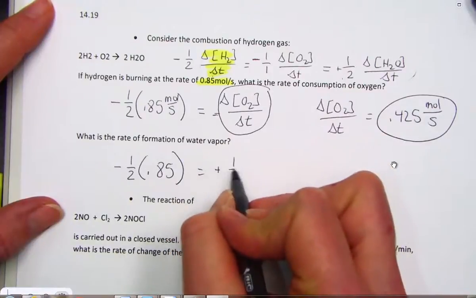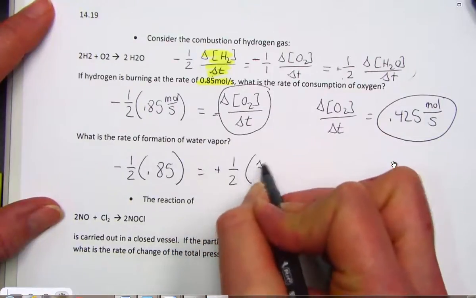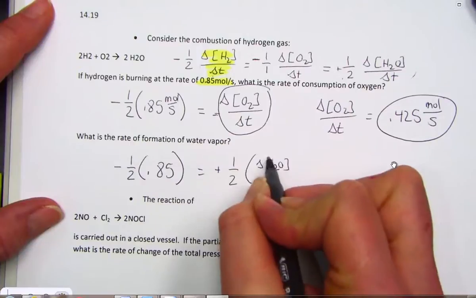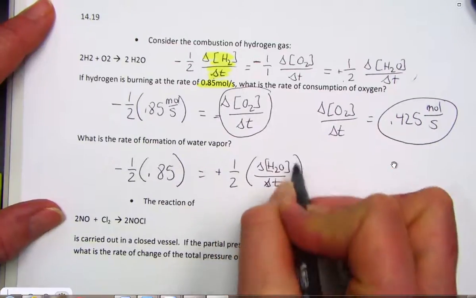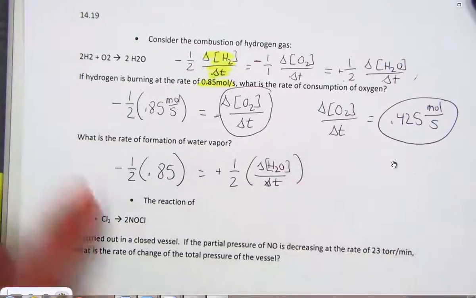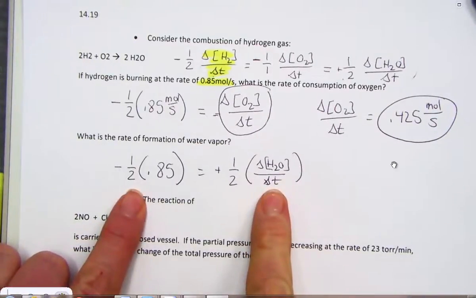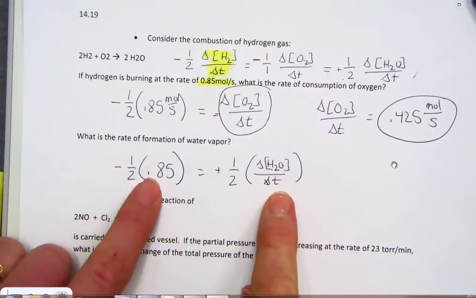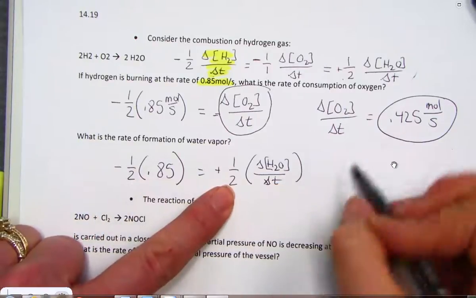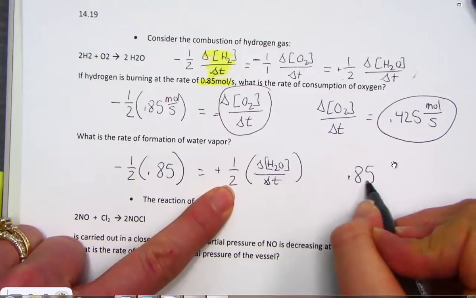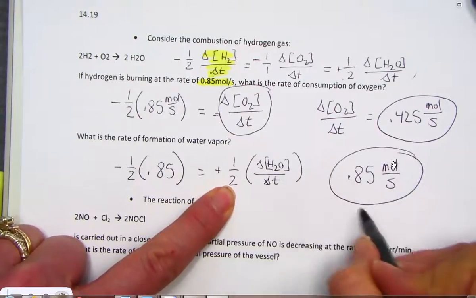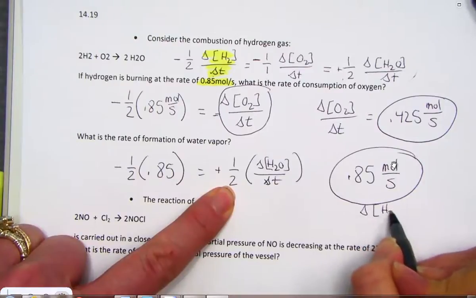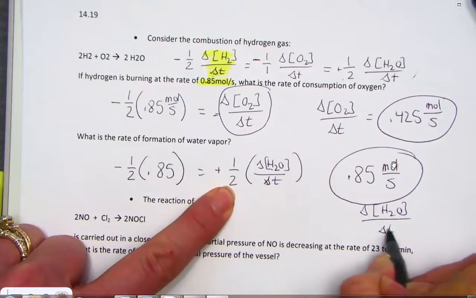So now positive 1/2 the change in concentration of water over its time interval. And this is what we're solving for. It will be a number, and you can see to make both sides equal, it's going to be the same value. 1/2 of 0.85 times 2 is 0.85. That's the concentration change of water over its time interval.